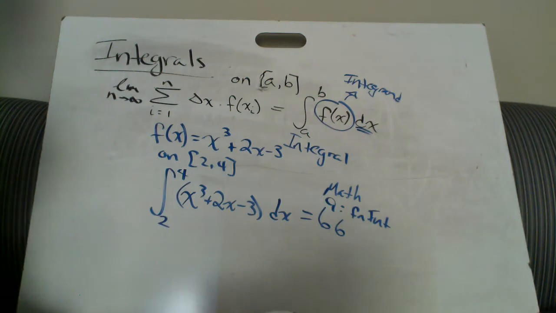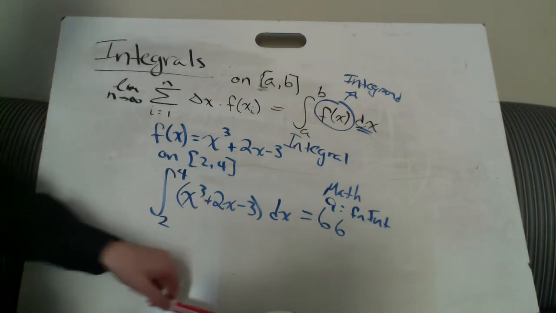For now, we'll be satisfied with using the calculator to find integrals numerically. In a couple of days, we'll be able to have built up all of the necessary background to calculate that by hand, which is so cool, right?